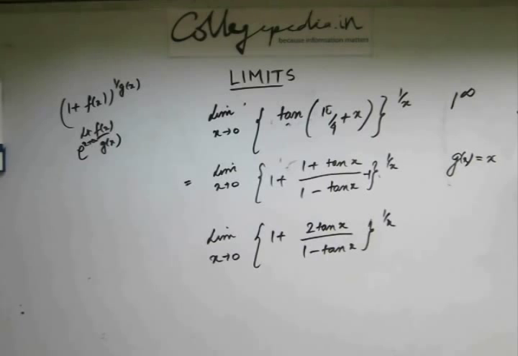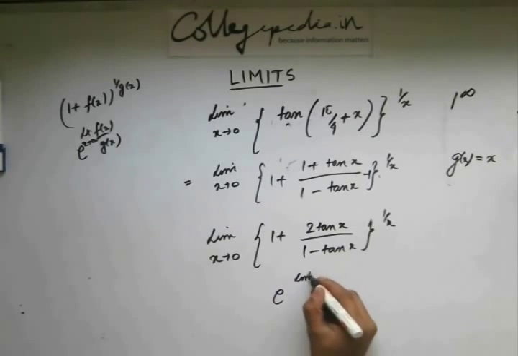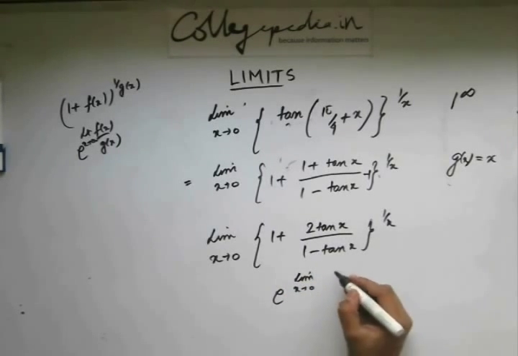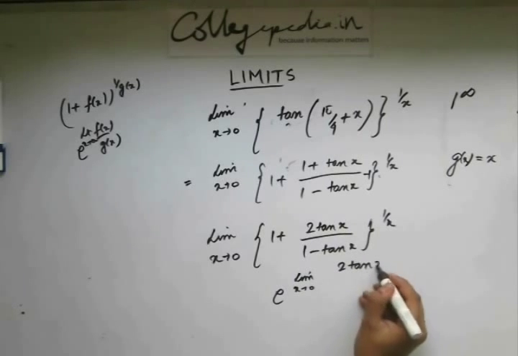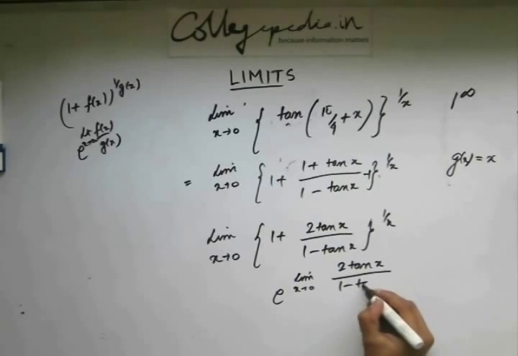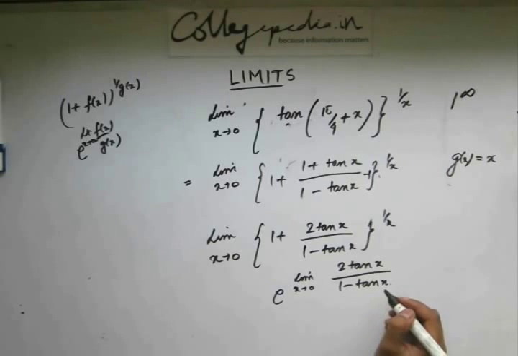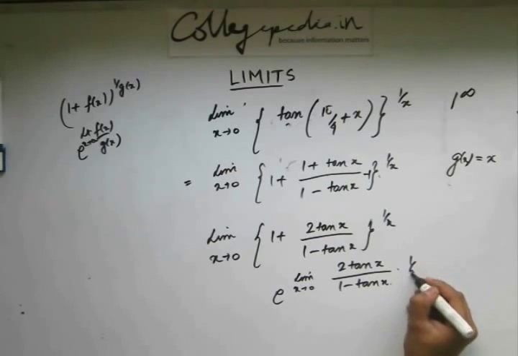So fx is 2 tan x divided by 1 minus tan x. So I have been able to find out what fx is. So my solution will be e to the power limit x approaches 0 of fx divided by gx.